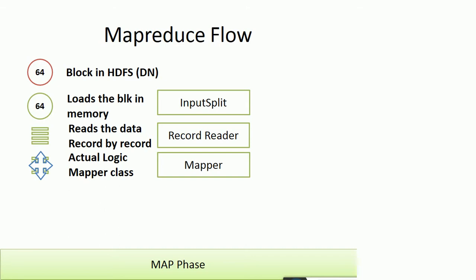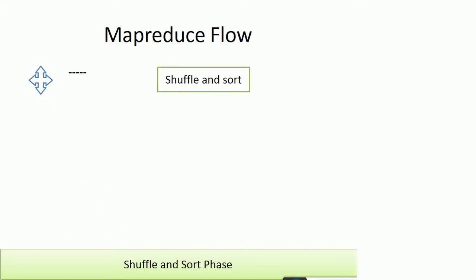Whatever data is coming will be handled as key value pairs, so your one record will also be a key value pair. The record reader identifies a key and value, that is one record, and passes it on to the mapper, then identifies another record and passes it on. This is what the record reader does.